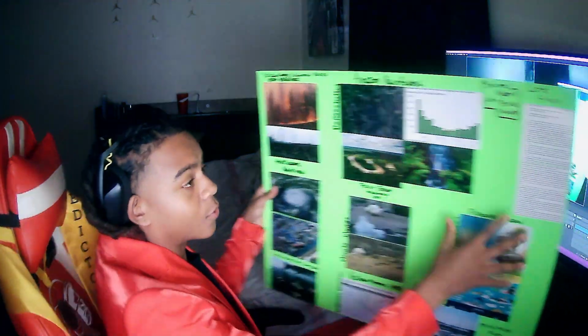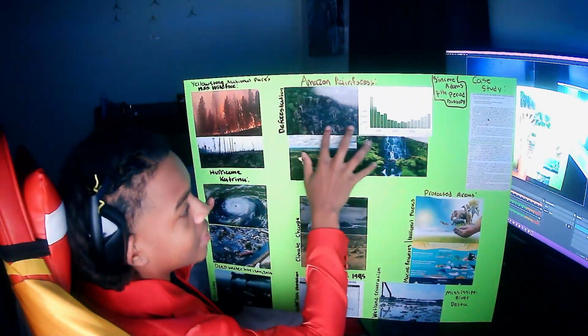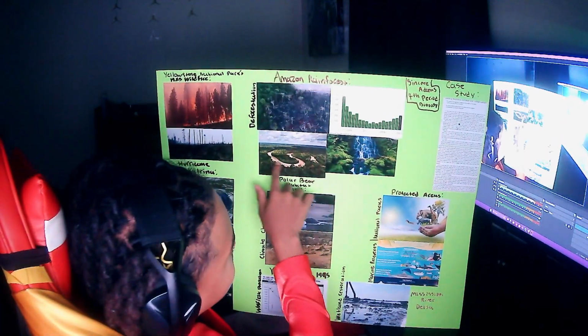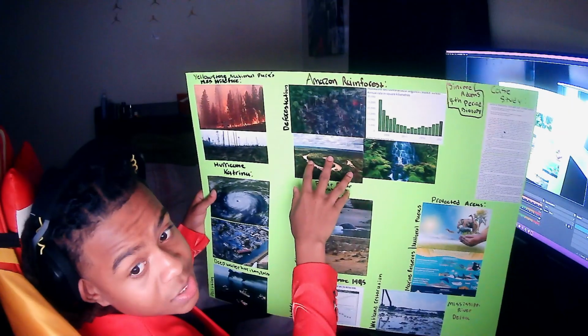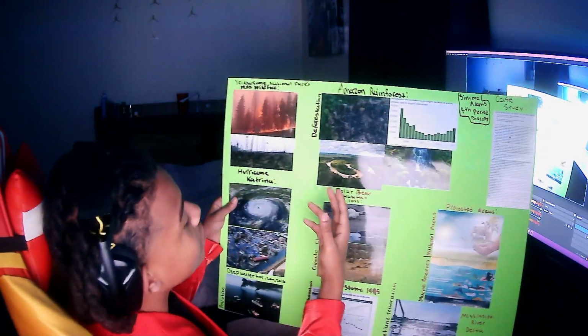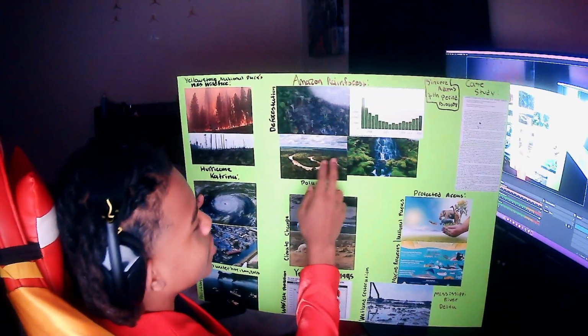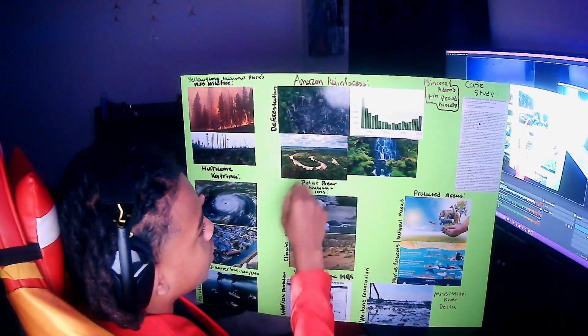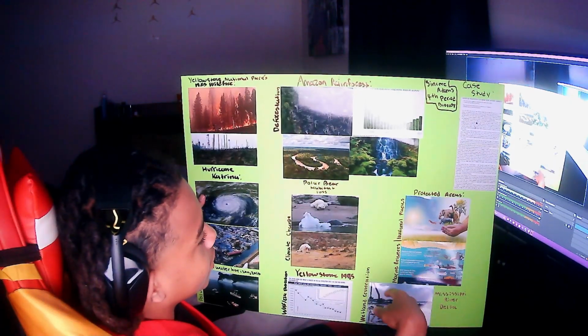I don't know if you can clearly see this, but basically this is the Amazon rainforest. The Amazon rainforest is most commonly known as the lungs of the earth. I maybe should have got a bigger picture, but it really wraps around the whole of South America.